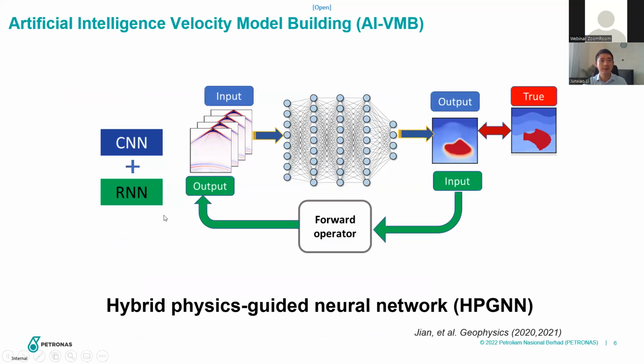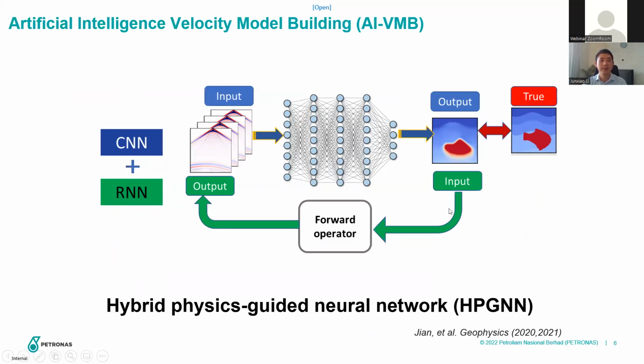Our artificial intelligence velocity model building is mainly based on the hybrid physics-guided neural network, HPGNN in short. The related papers were published in Geophysics in 2020 and 2021. The term hybrid means a combination of a CNN together with an RNN.